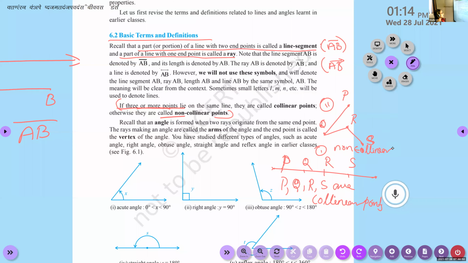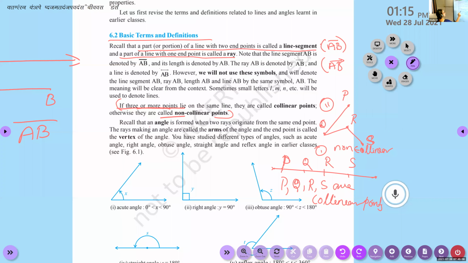Now about angle. An angle means two rays which have the same starting point. This is the starting point of this ray, and this is the starting point of this ray. Such a figure is known as an angle.